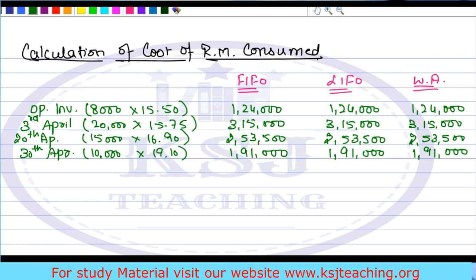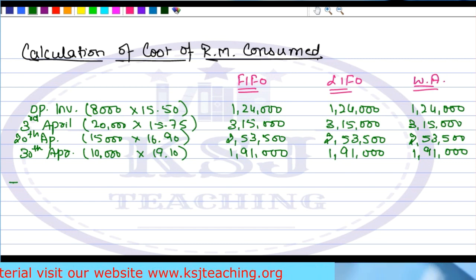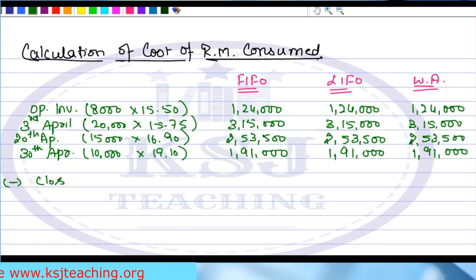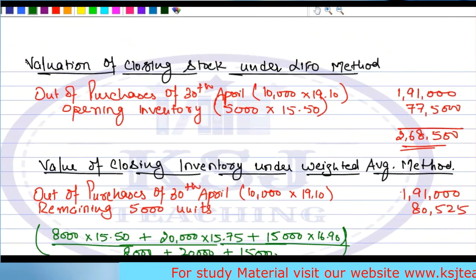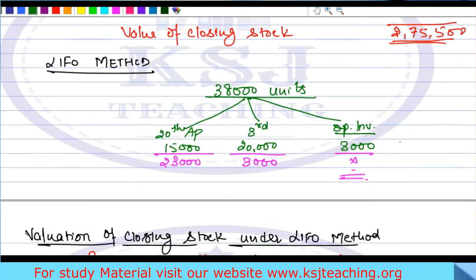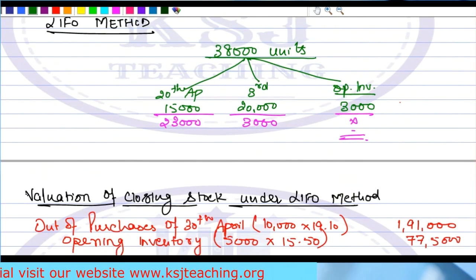Now we have to subtract from here the closing stock, which we have just calculated in the first part. This is the closing stock: 2,68,500, 2,71,525 and 2,75,500 under the different methods.